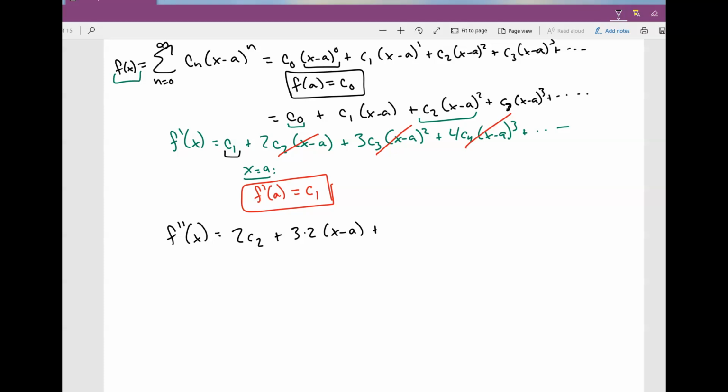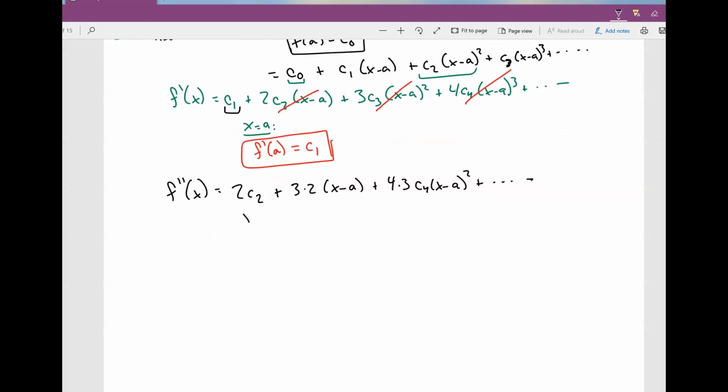Then I'm going to move the 3 over, I'm going to have 4 times 3, c4 x minus a squared, and so on. Okay, I'm going to plug in x equals a again. When I plug in x equals a again, I'm going to get the second derivative. When I plug in a, I'm going to get 2c2.